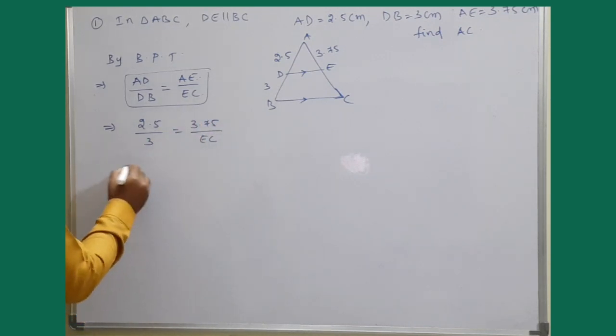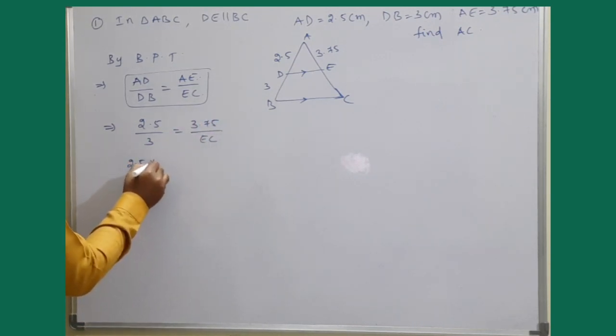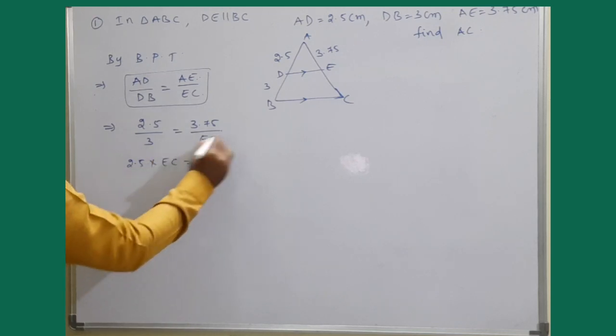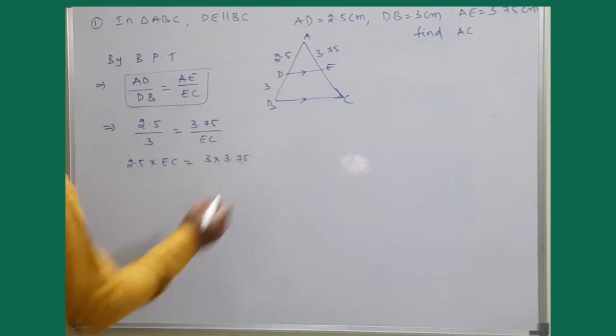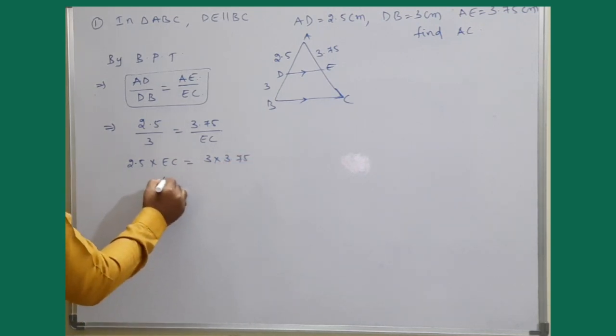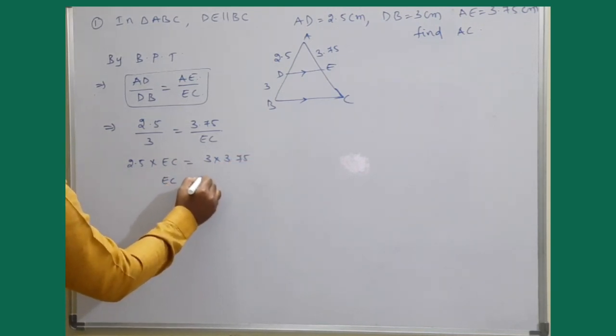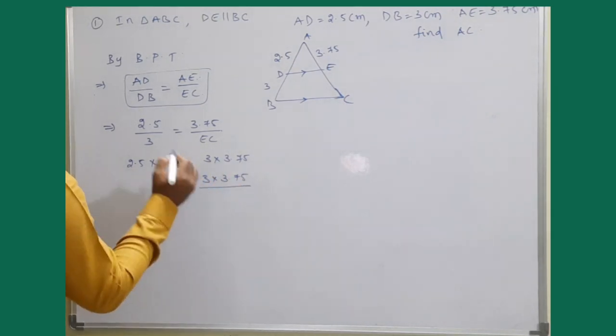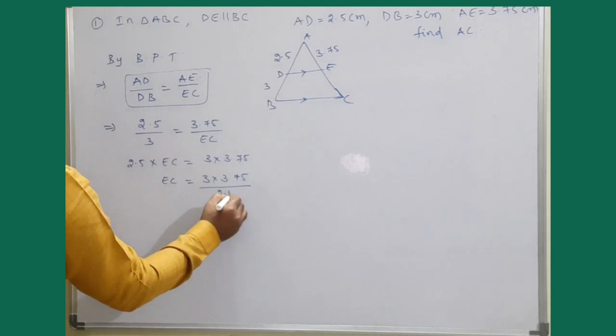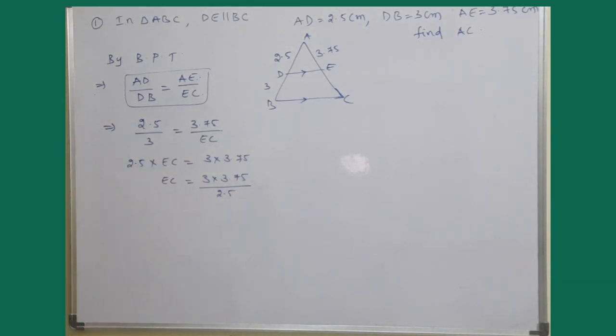So cross multiplication, 2.5 into EC is equal to 3 into 3.75. So EC is equal to 3 into 3.75 by 2.5. Can you simplify what is the length of EC?